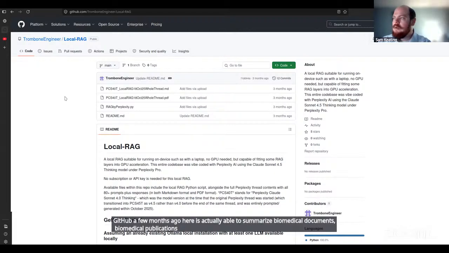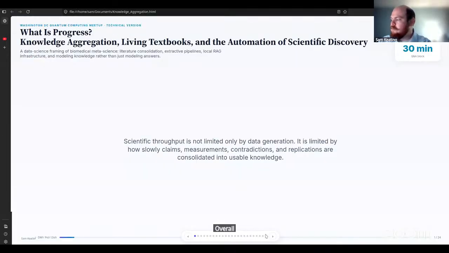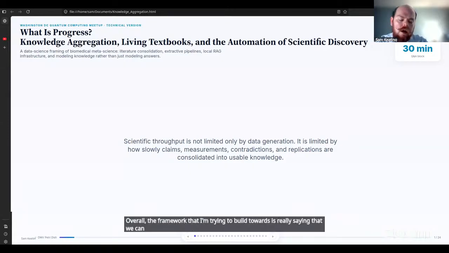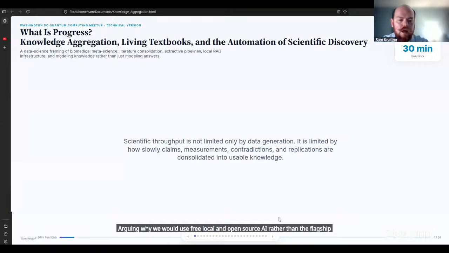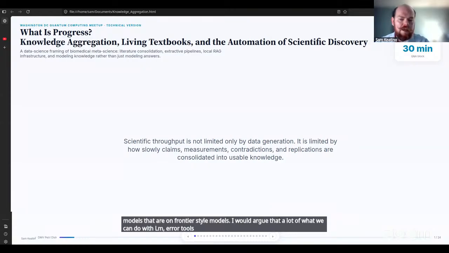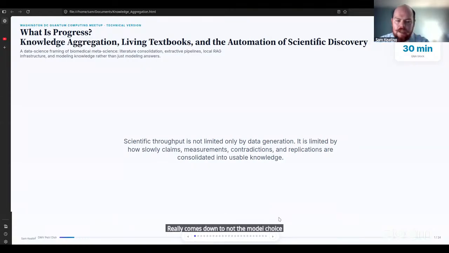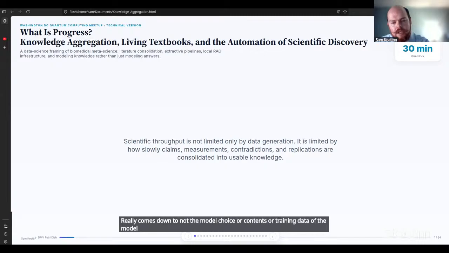So overall, the framework that I'm trying to build towards is basically arguing why we would use free, local, and open source AI rather than the flagship frontier style models. I would argue that a lot of what we can do with LLM era tools really comes down to not the model choice or contents or training data of the model, but really how you use it.